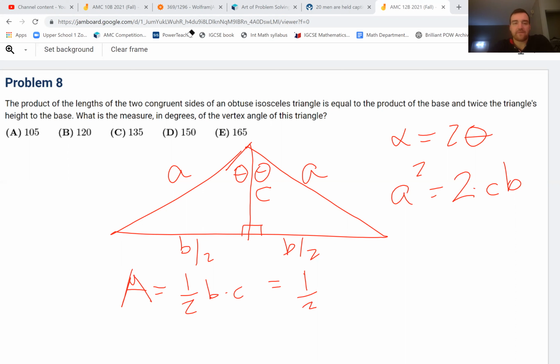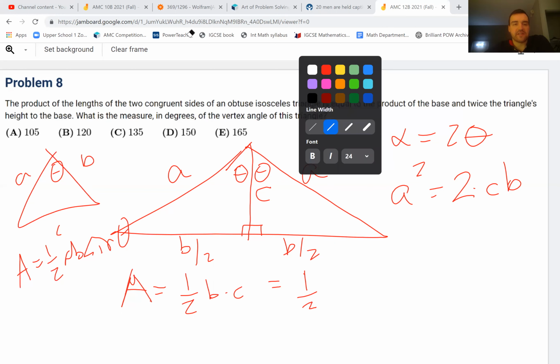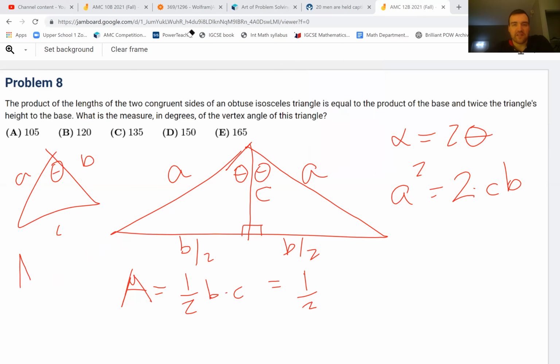If you have a triangle with sides A, B, and the angle C, or theta, then you can represent the area by doing 1/2 AB sine C. So that's a formula you can use to calculate the area of a triangle, right?